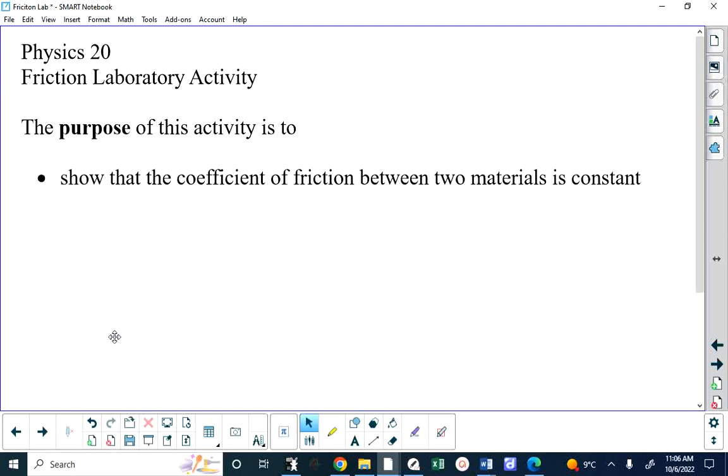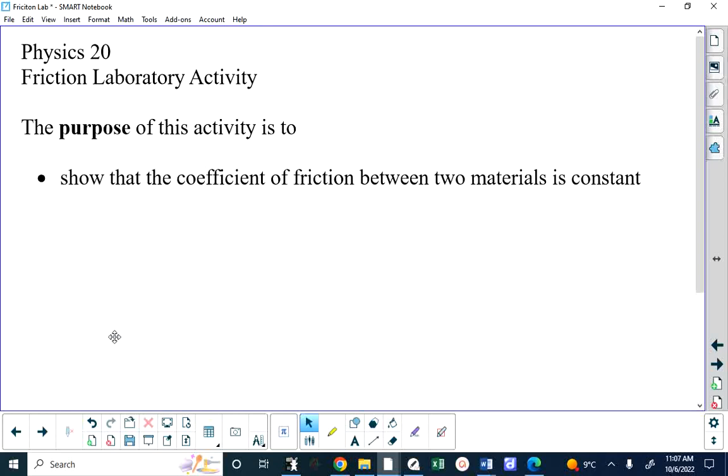If I say to you that I want to determine the coefficient of friction between this desk and this wood, and I say it's constant, what I mean is it doesn't matter whether it's moving fast or slow. It doesn't matter how much material is on it. It's this material of wood on this material of laminate on the desk. It shouldn't matter. The coefficient of friction is going to be the same no matter what. Okay?